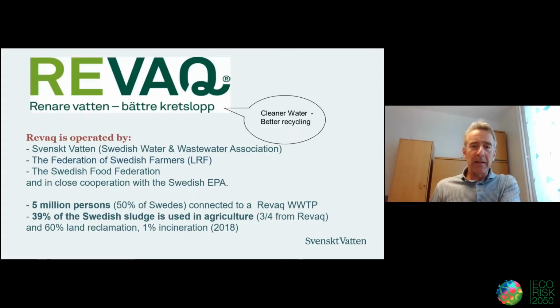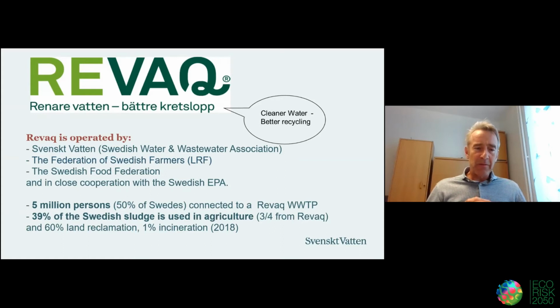It's called Reebok, Renare Vatten, Bättre Kretslopp, that's cleaner water, better recycling, and it's operated by us, the Swedish Water and Wastewater Association, the Federation of Swedish Farmers, the Swedish Food Federation, and in close cooperation with the Swedish EPA. Up to now, 5 million persons, 50% of Swedes, are connected to a Reebok certified plant.